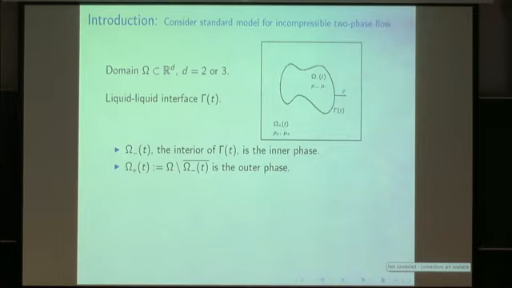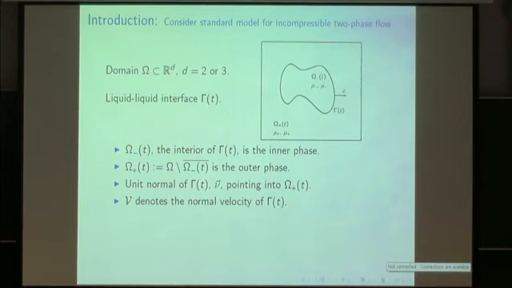My interface I denote as Γ(t), and then I have an interior and an exterior, and these two parts of the domain are each occupied by one of the two liquids. Each liquid has a density and a viscosity: ρ− and μ− inside, and densities ρ+ and μ+ outside.